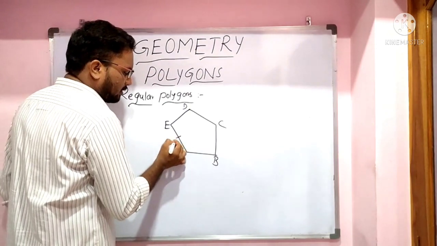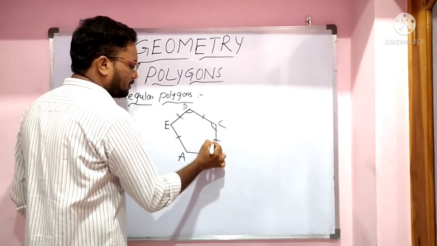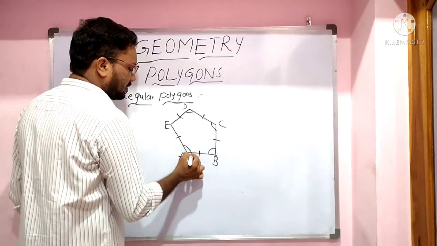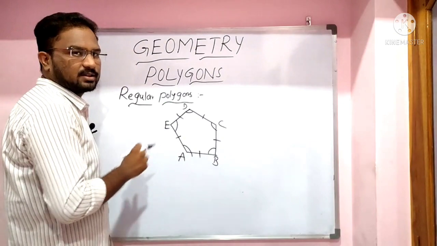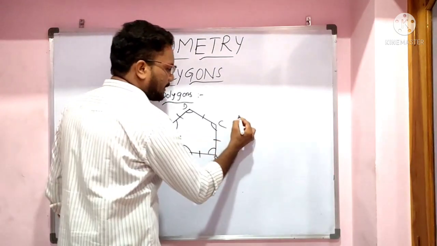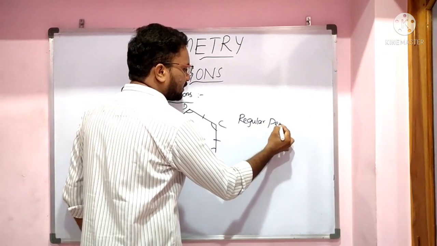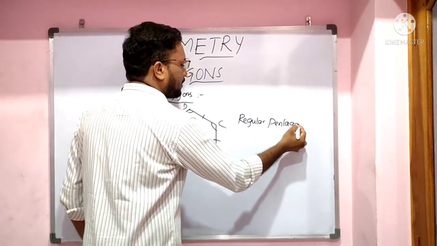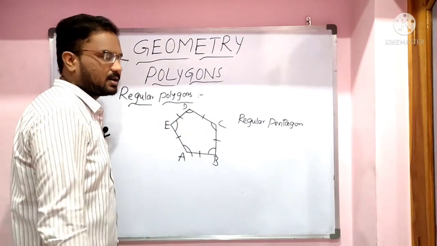Here all the sides are equal and all angles are equal, hence it is a regular polygon. This polygon has 5 sides, so it is a regular pentagon. All sides are equal and all angles are equal, hence it is a regular pentagon.